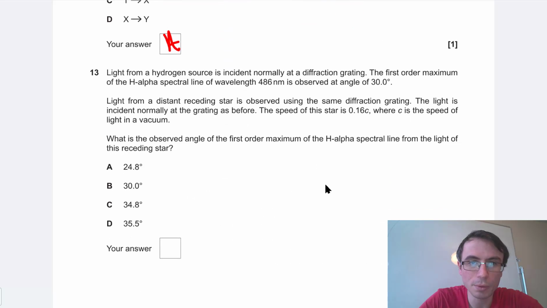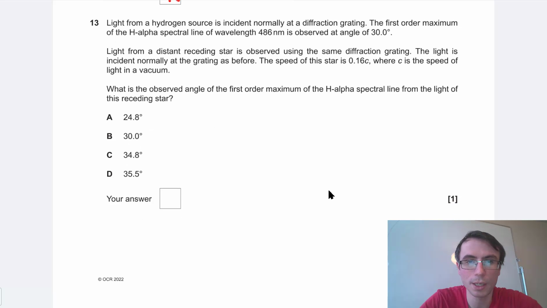Okay, next one, light from a hydrogen source is incident normally at a diffraction grating. The first order diffraction, we've got the wavelength, it is observed at an angle of 30 degrees. Okay, I have a feeling this will be a good calculation question. So light from a hydrogen source, it's incident normally at diffraction grating.